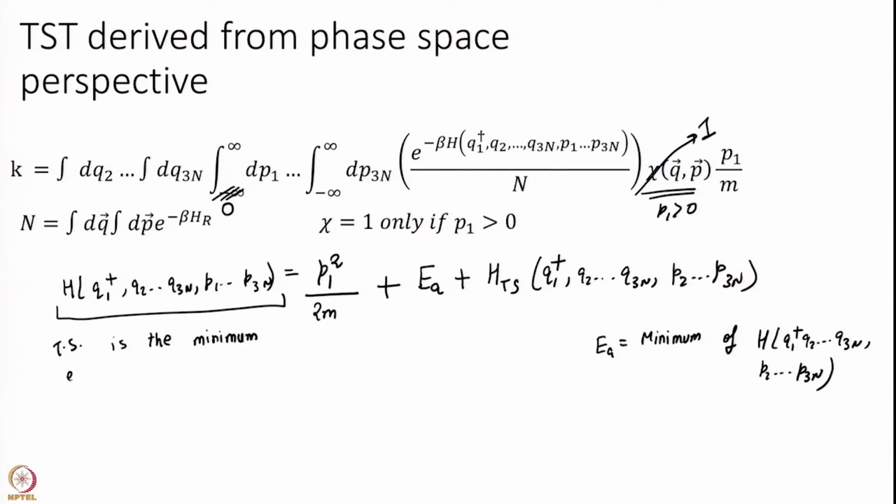It is the minimum energy structure on this H. Okay. So, EA is the energy of this transition state and that is your activation energy. EA is the energy of the transition state. So, if I do that, this K, what I will do is just separate out the P1 term, e to the power of minus beta P1 square over 2m into P1.